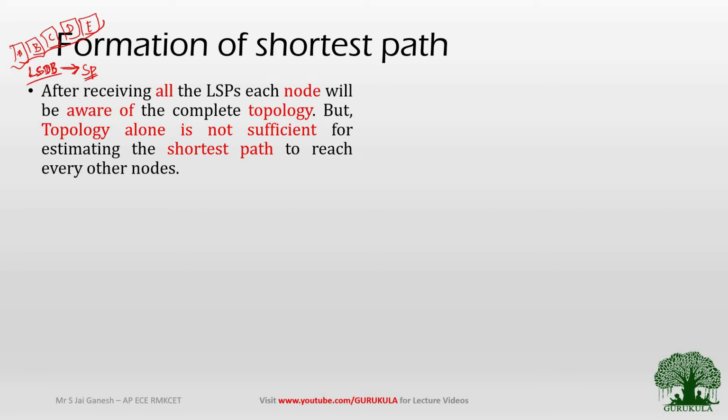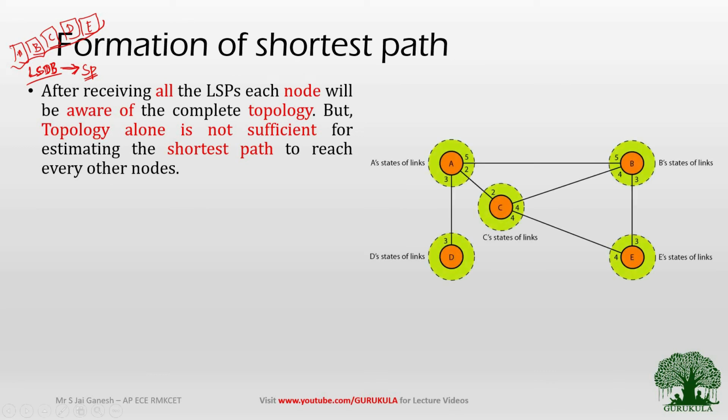We will be creating the topology based on this link state database, but the link state database or the topology alone is not enough to estimate the shortest path. We need some numbers. So this is the knowledge that will be there on each and every node. As you can see, A will come to know that it is connected to B with a cost of 5, to C with a cost of 2, and to D with a cost of 3.